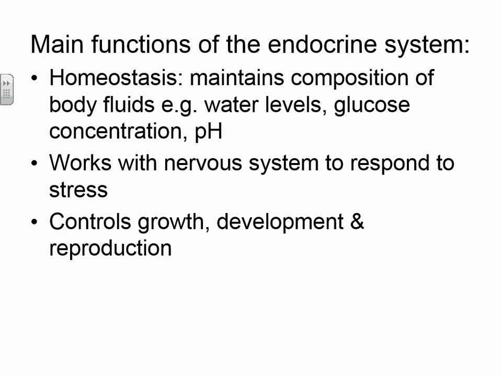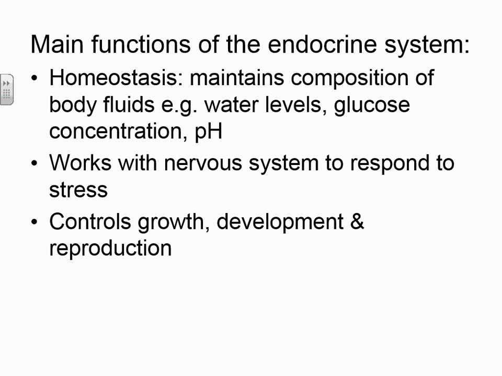The overall jobs of the endocrine system fall into three areas, really. We've got homeostasis, that's our biggie. The endocrine system is responsible for maintaining composition of body fluids. And that is bigger than you first think.